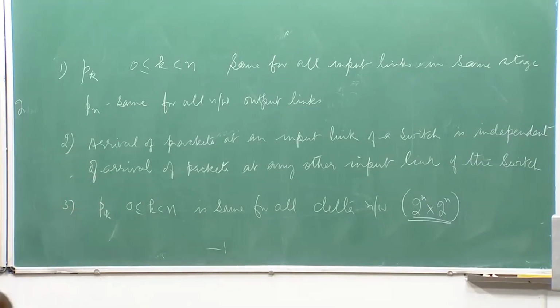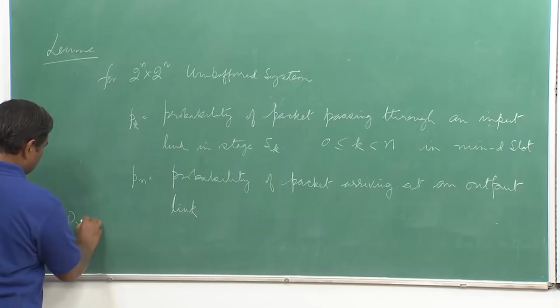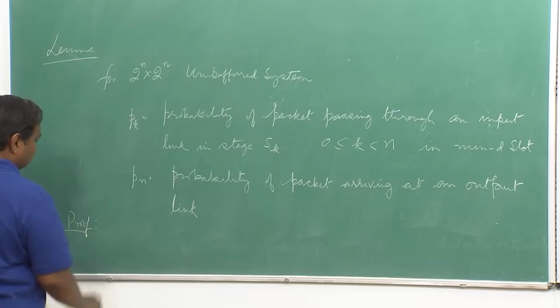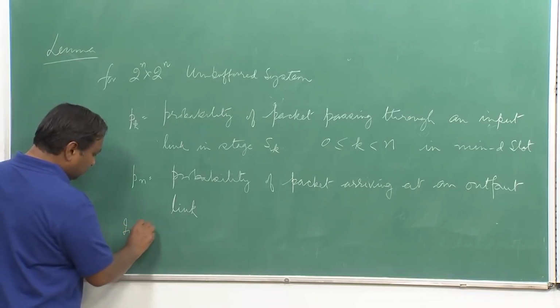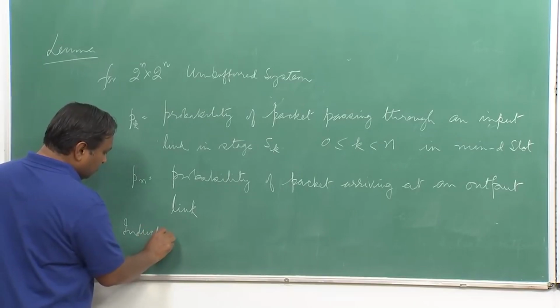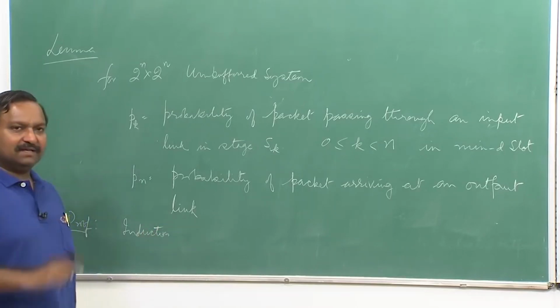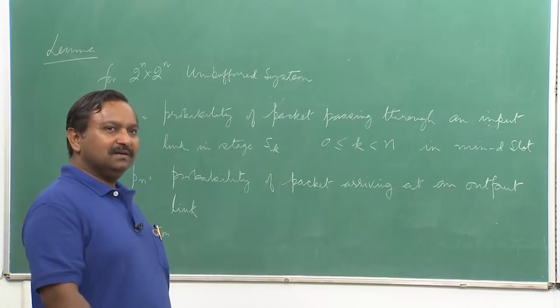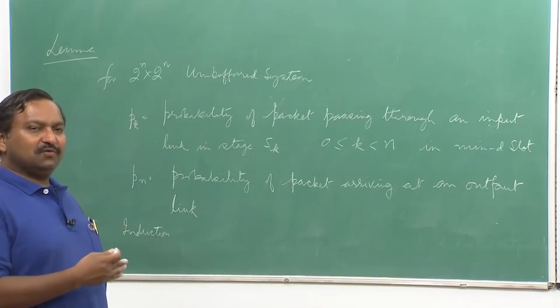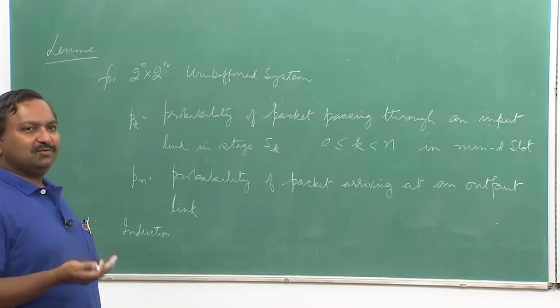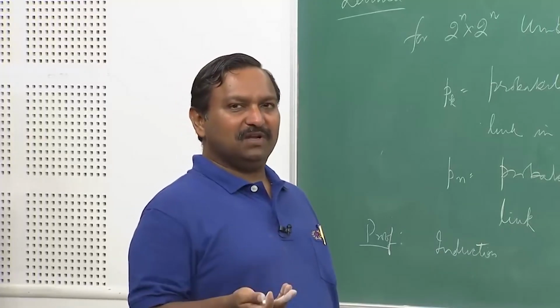The proof is going to be very simple in this case. I am not doing it formally here, but I am stating how it can be done. You do it by induction. You prove it for 0 and henceforth prove it for k equal to 1. Once it is true for 0, you prove that if it is true for k, it is going to be true for k plus 1.